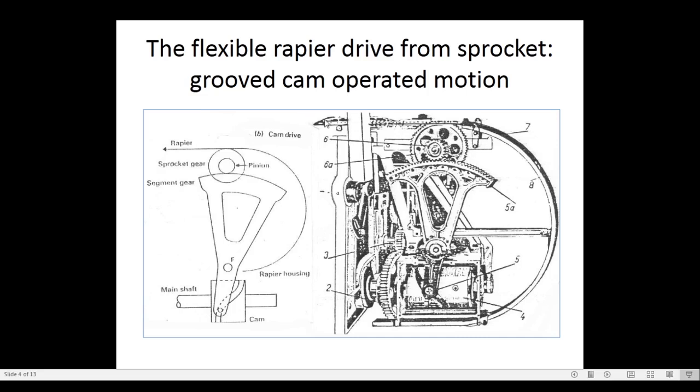Clockwise means this tape will wind in the housing. Here is the housing we can see, and when this sprocket gear moves anti-clockwise, the tape comes out up to the center of the machine.